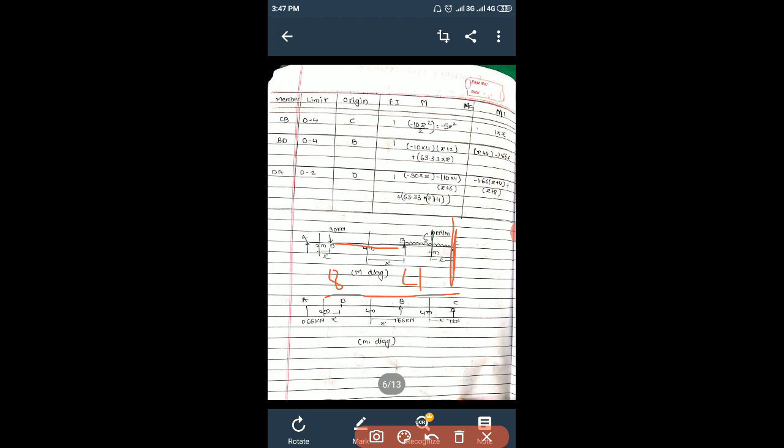Don't make any silly mistake. Any mistake in this table will lead to a wrong final answer. You will get marks for the steps, but it will be less than full marks.